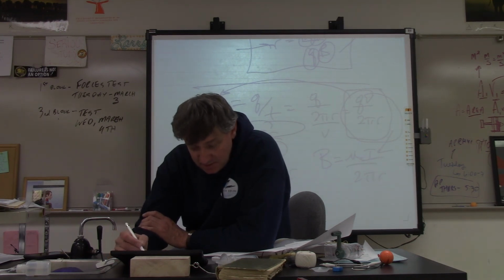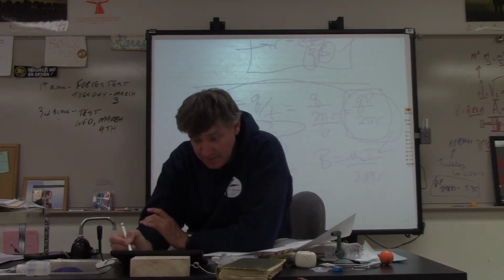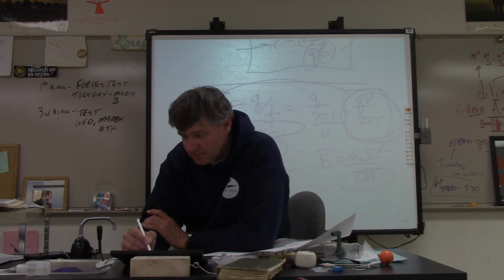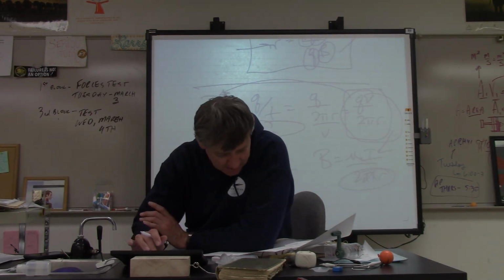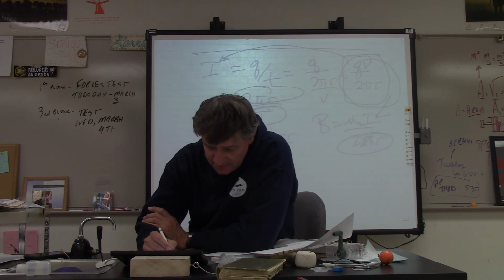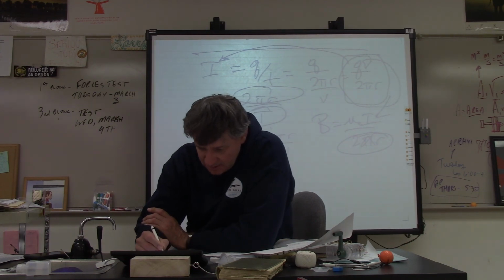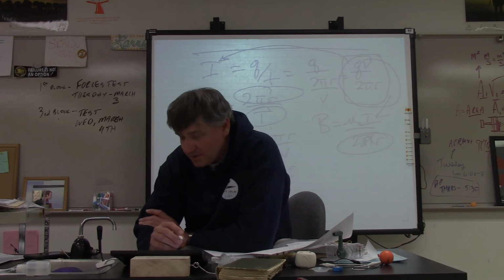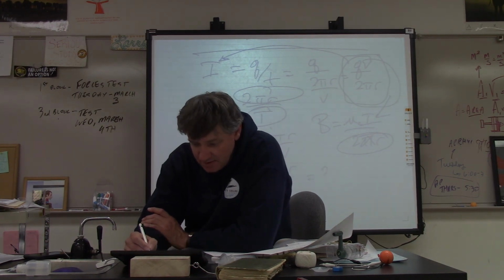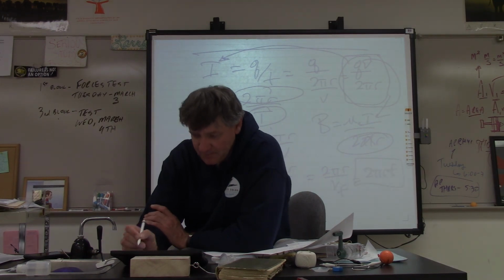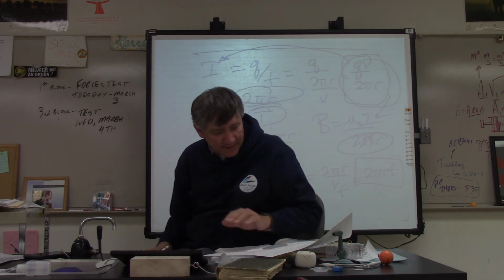If it's a circle, a hoop, remember that pi drops out and then it would just be over 2r. So you might keep that in mind. Also remember that velocity equals 2 pi r over T, but remember that period and frequency are inverses of each other. So you could write that as 2 pi r over 1 over f, which becomes 2 pi r times frequency. Okay, so that's another cool thing to keep in mind.